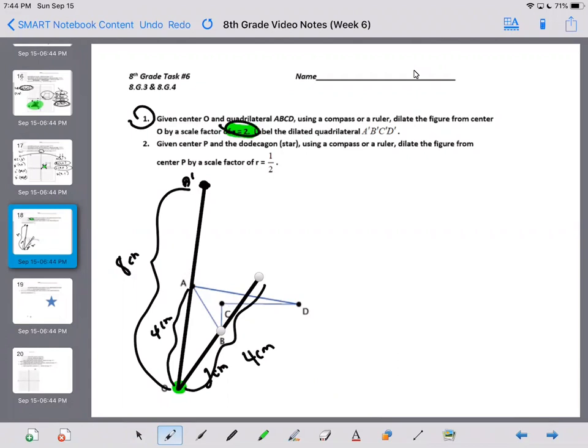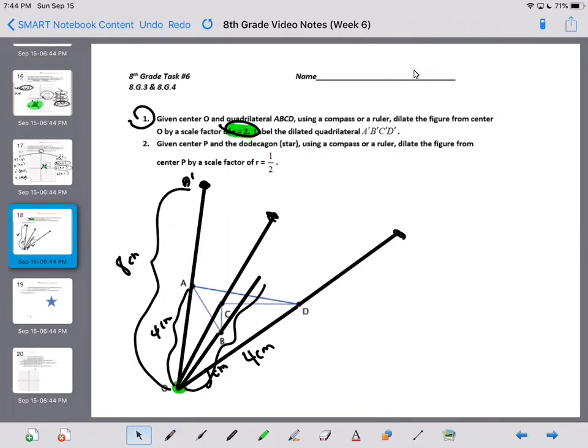And then you're going to do that from O to D, and then O to C. So you're going to double those lengths. And then what you have are just your new endpoints.